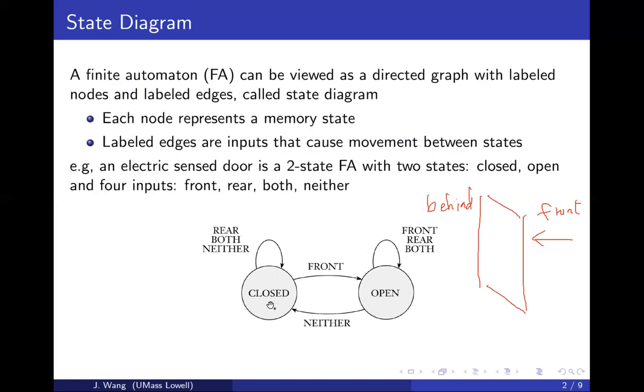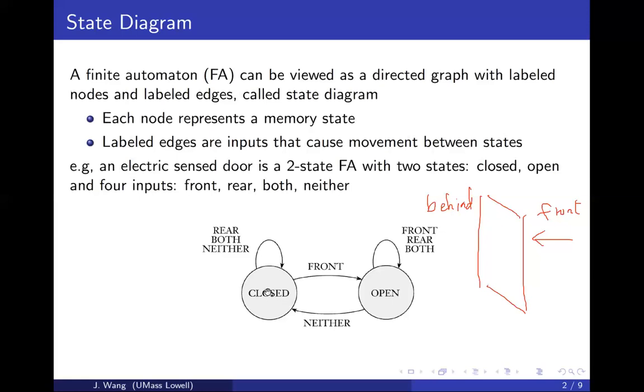Let's assume the door is closed at the beginning. If there is a person in front, then this door will open. So suppose the door is closed and it senses someone coming in, then it is going to open the door for that person. That is this move.